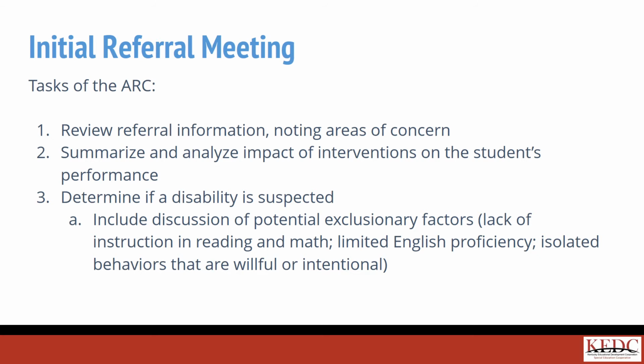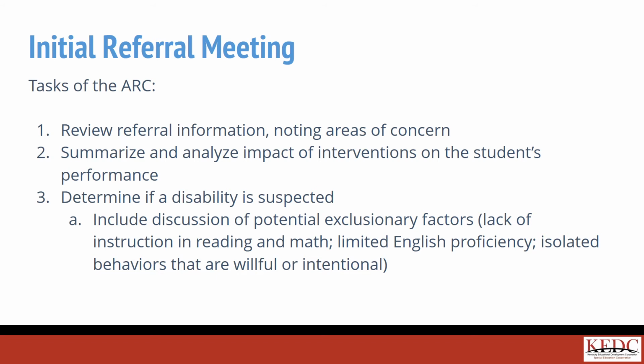At the referral meeting, the ARC should review the referral information, noting the areas of concern. The ARC should also summarize and analyze the impact of interventions completed prior to the referral. Based on this discussion, the ARC should determine if a disability is suspected, which warrants an evaluation to determine eligibility for special education.